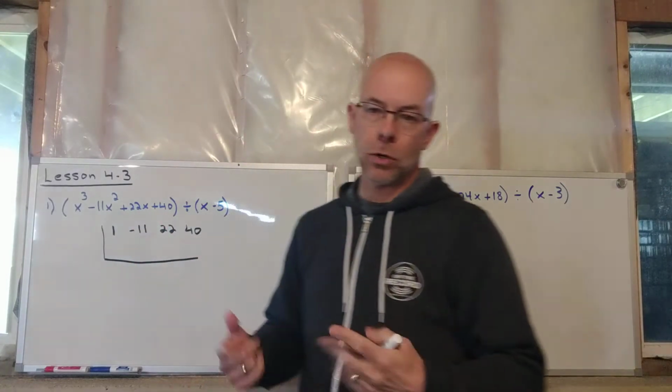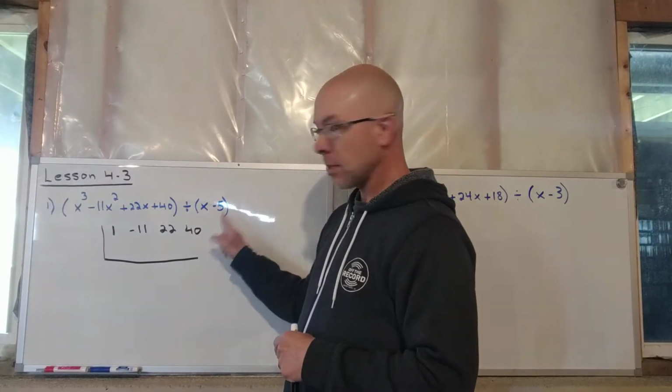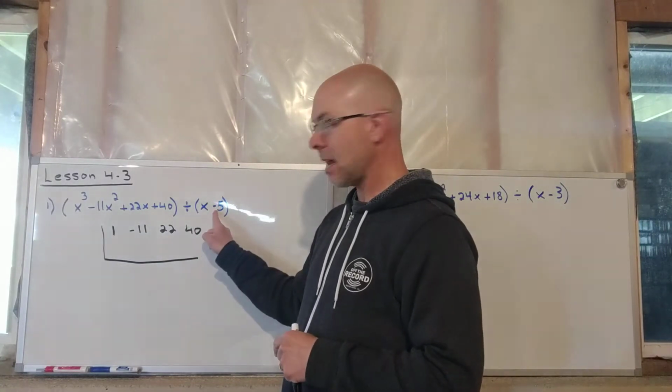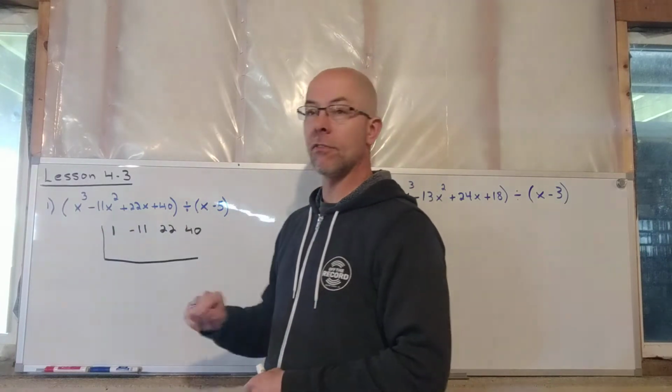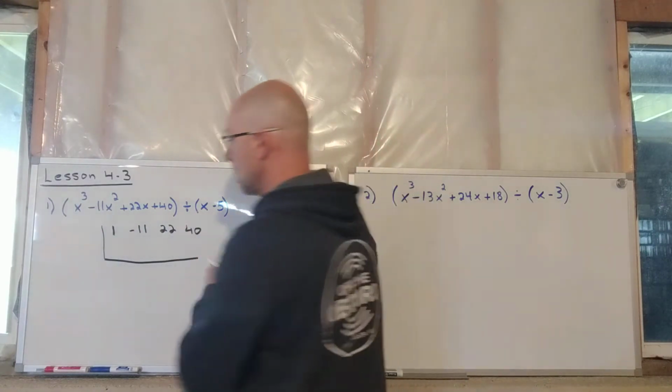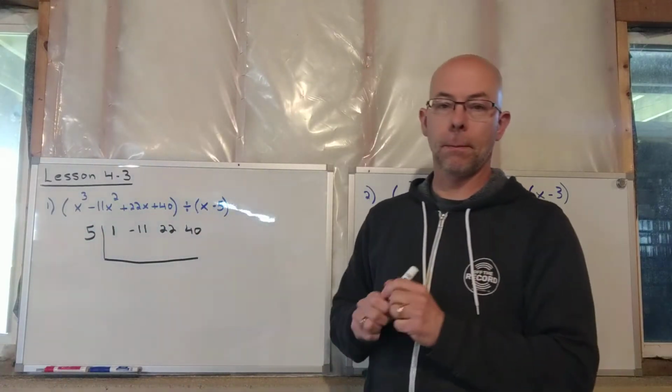Now here's probably the trickiest part for everybody. Whatever this says, x minus 5 in this case, use the opposite sign number and put it out front. So that says minus 5, put a 5 out there.